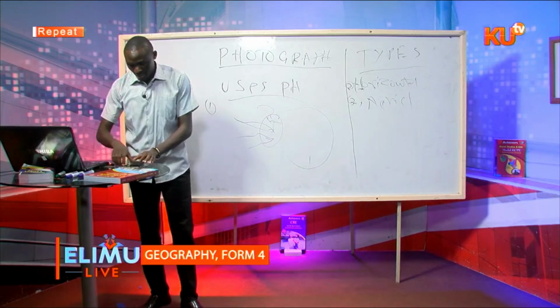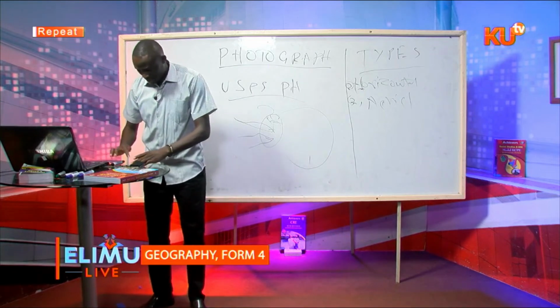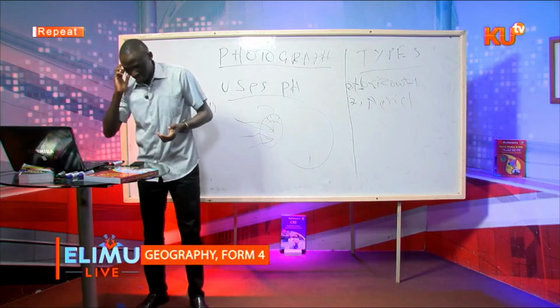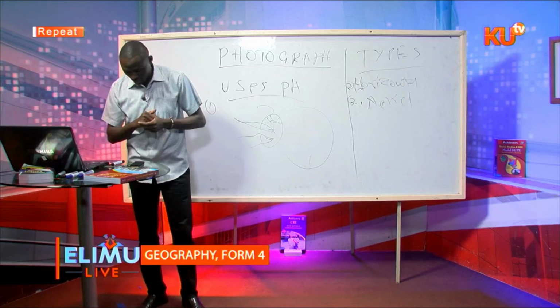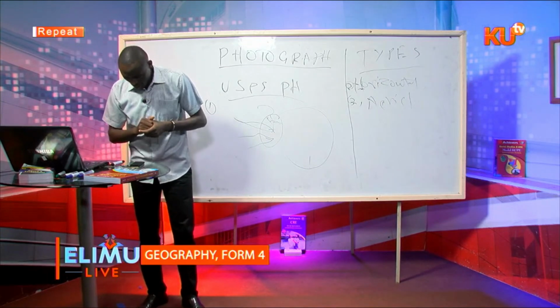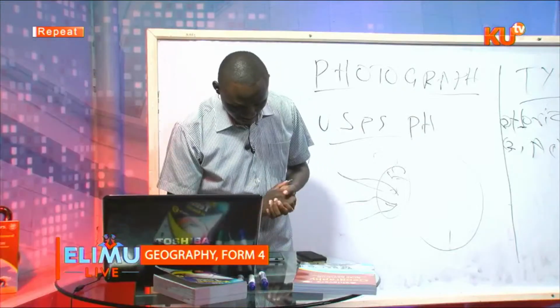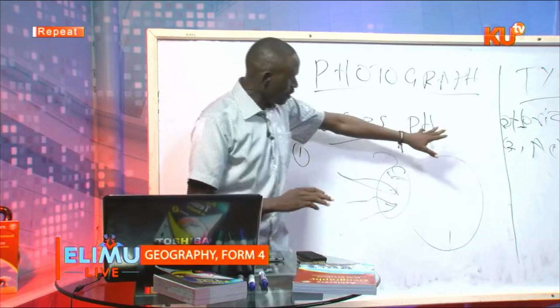Now, learners have seen the questions that have been asked. Somebody is asking, Morning teacher, Douglas from Murang'a, in school at Gishai Secondary: horizontal photography is also known as the ground photography. Now we have the ground photography.